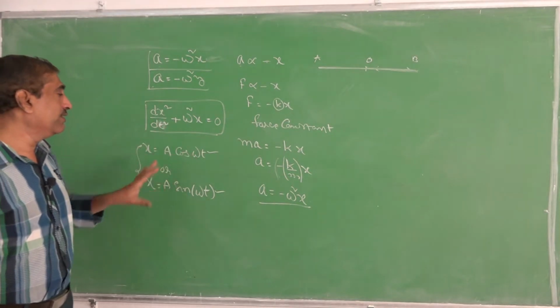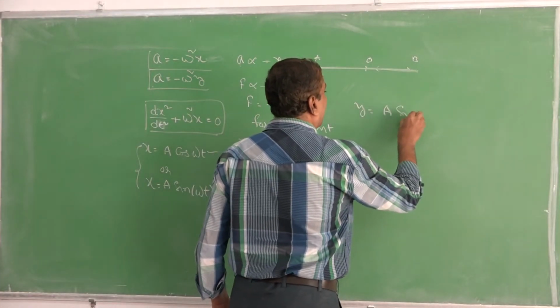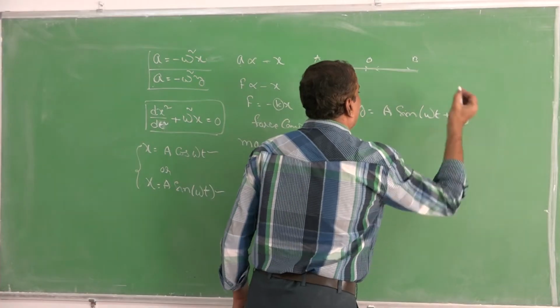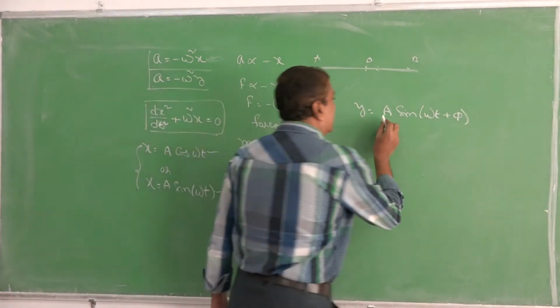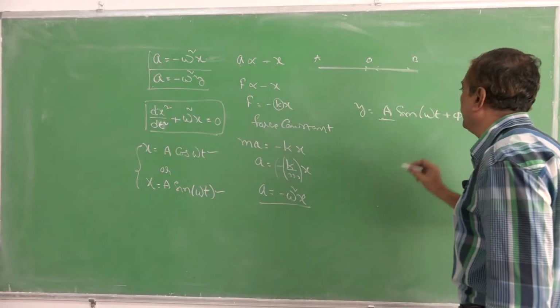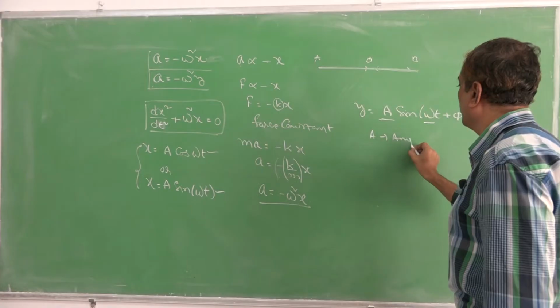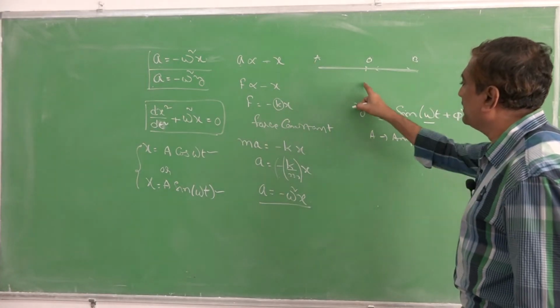In the most general way, we can write y is equal to a sin (omega t plus phi). This is the general equation. In this, a represents amplitude. Amplitude is the maximum displacement.